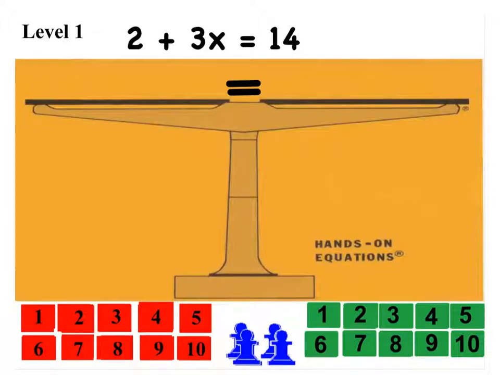All right, let's take a look at the next one. So I have positive 2 plus 2 x's. Actually, sorry, 3 x's. So I have 1, 2, 3. And then on the other side, I have positive 14.